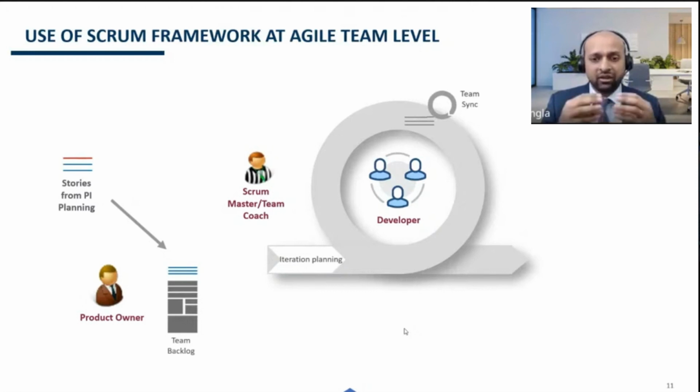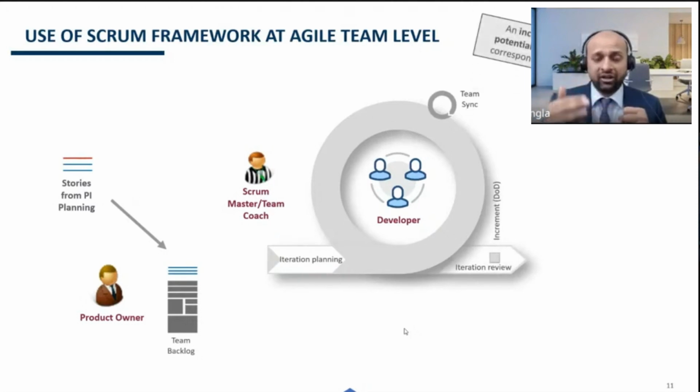During this Team Sync, the team discusses the progress on the user stories which are allocated to them, and they also discuss the impediments coming up in delivering these stories, and they adjust their plan of the sprint based on the new understanding they have developed on these user stories.